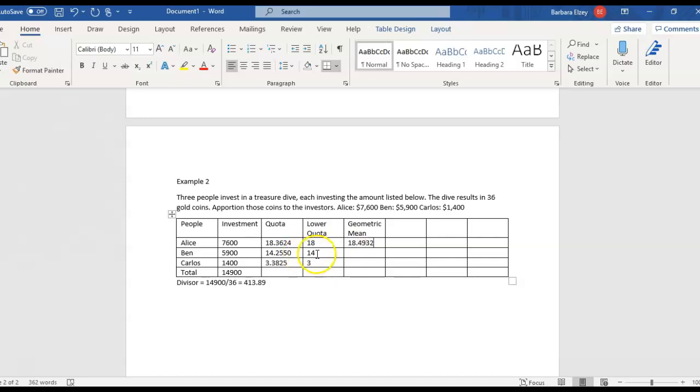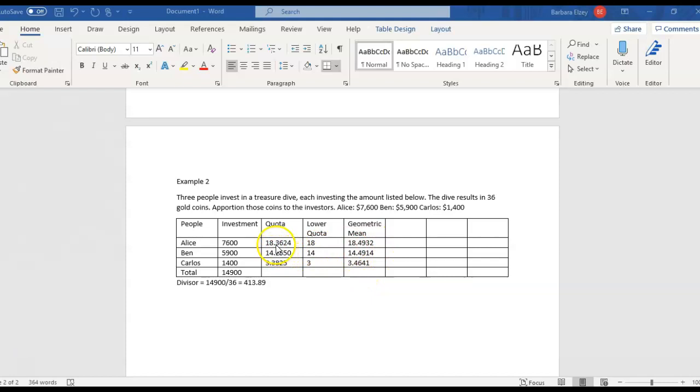And here we'll have the square root of 14 times 15. That is going to be 14.4914. And then we'll have the square root of 3 times 4, or the square root of 12, which will be 3.4641.